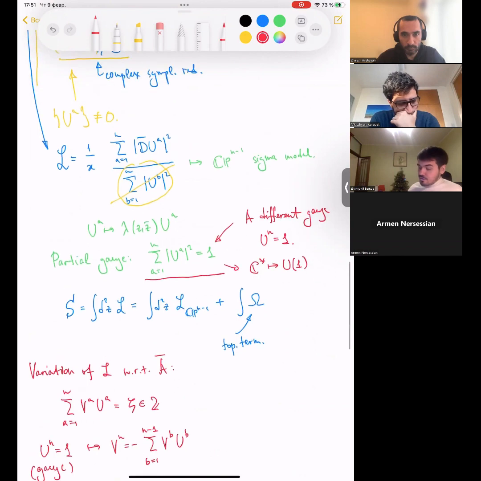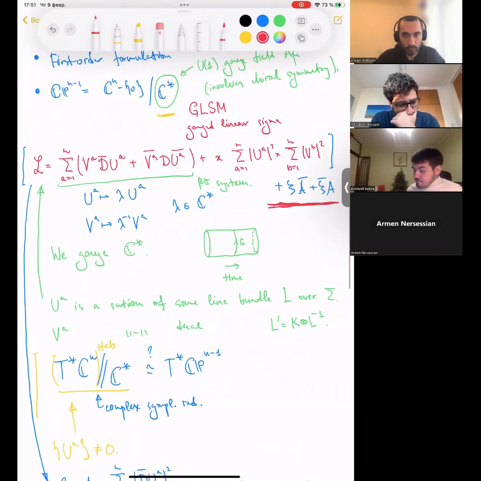Here, I don't have any quadratic constraints. I just have this system, right? Where additionally, I can even set the gauge field to 0. So I have an ungauged Gross-Neveu model.